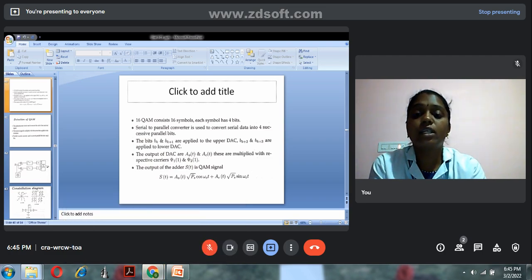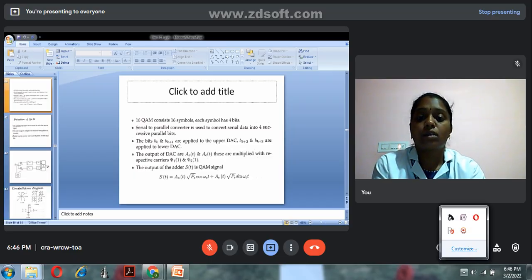Then the 16 QAM consists of 16 symbols. Each symbol has 4 bits. The serial to parallel converter is used to convert the serial data into 4 successive parallel bits. Bk and Bk plus 1 are applied to the upper DAC, and Bk plus 2 and Bk plus 3 are applied to the lower DAC.